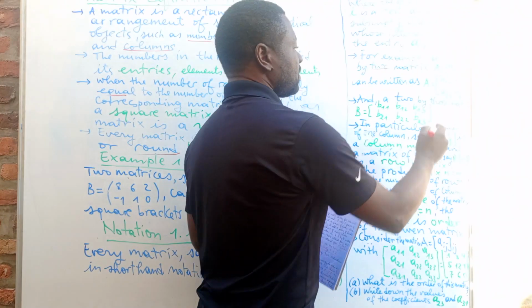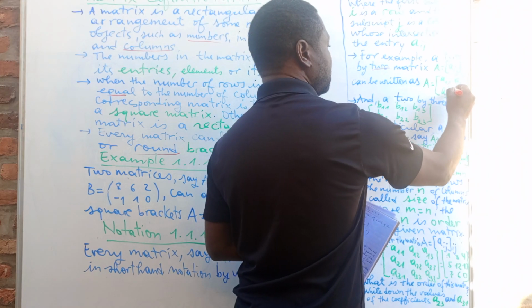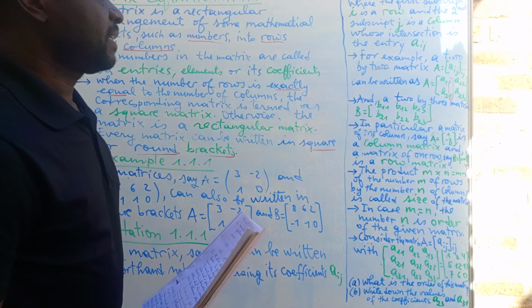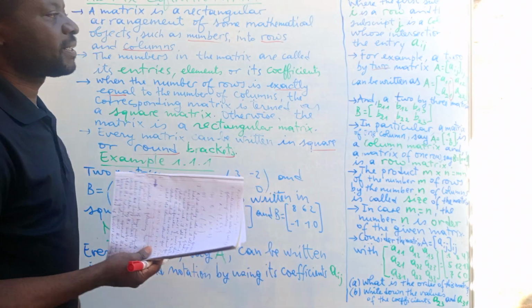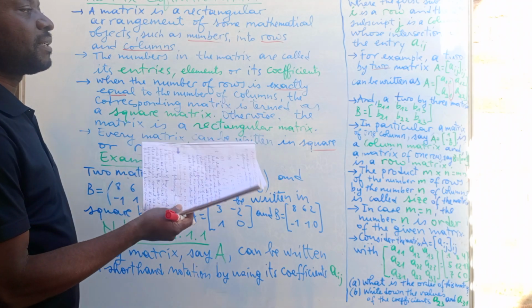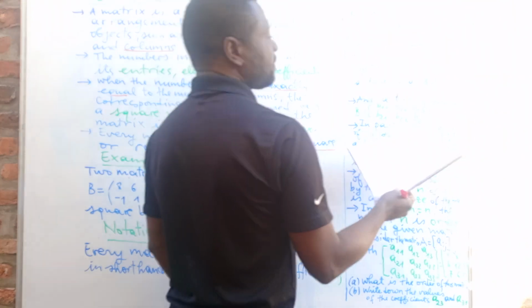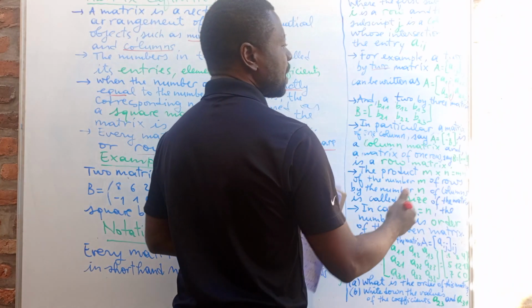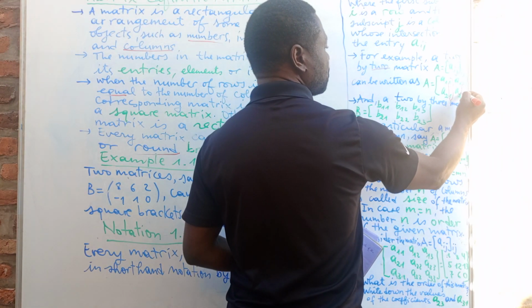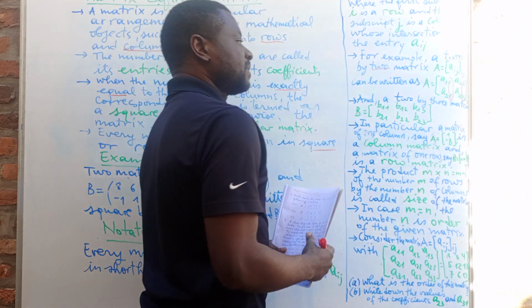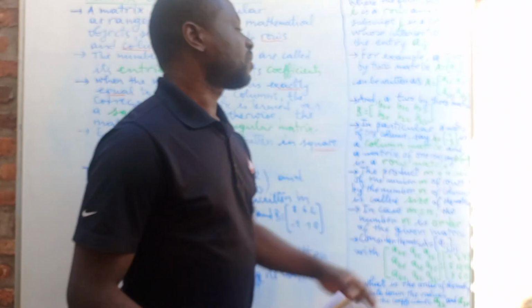These ones are a_i1, so a11 and a21 make the first column. And these are 2, so they make the second column.